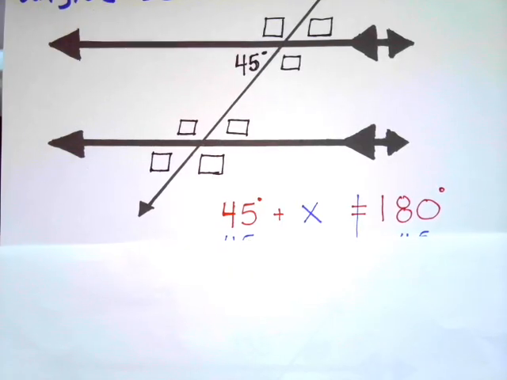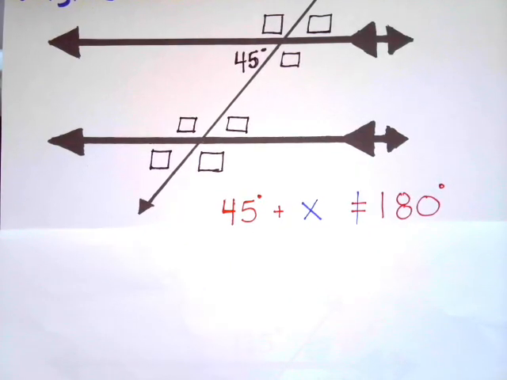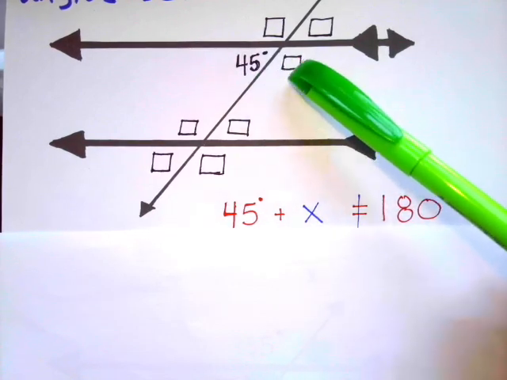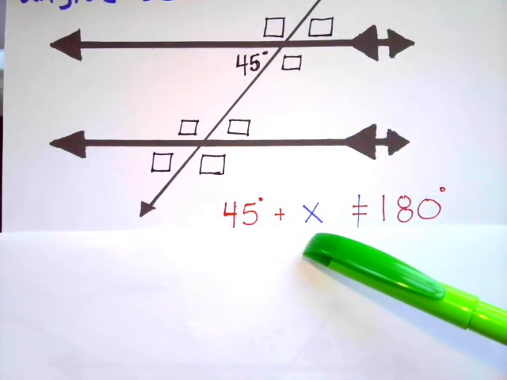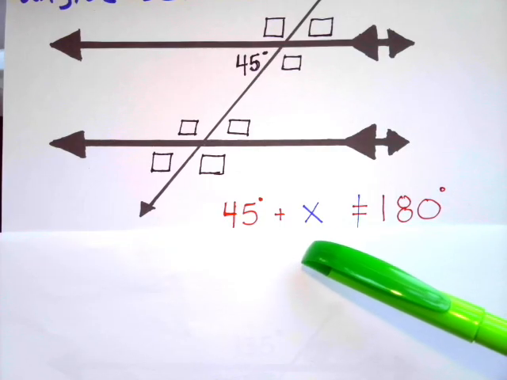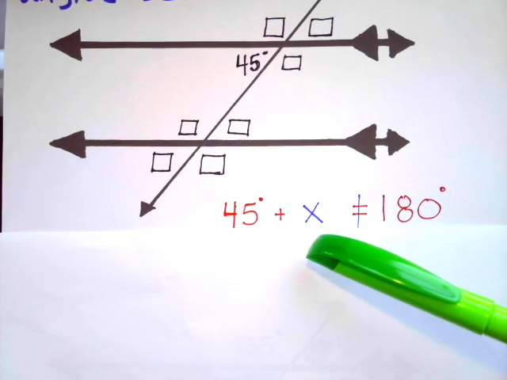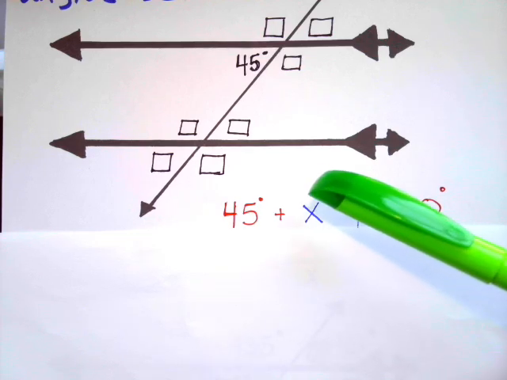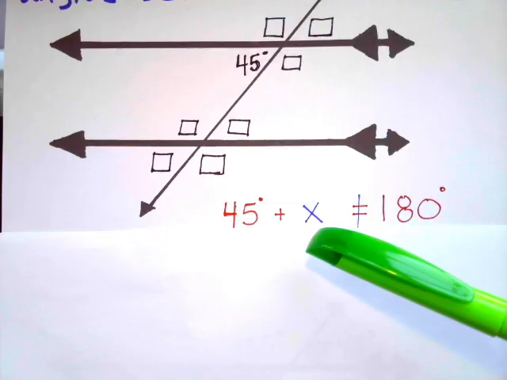I've got the 45-degree angle here that you see. The 45-degree angle plus, I don't know, that's going to be my x value. I'm going to work this problem algebraically. And x just represents a number I don't know. X represents a real number. I just don't know what that number is.